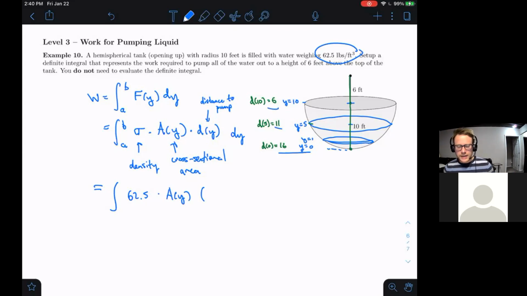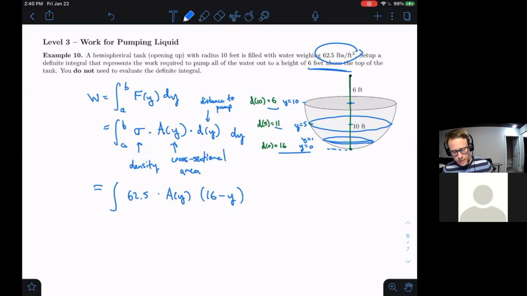The stuff that's at height 10 needs to be pumped 6 feet. And so it always seems to be 16 minus the height that cross section lives at, right? Whatever that 16 is, that's the total, the 10 feet plus the 6 feet, because we're going 6 feet above the top. So that's the 16 minus however high it already is.